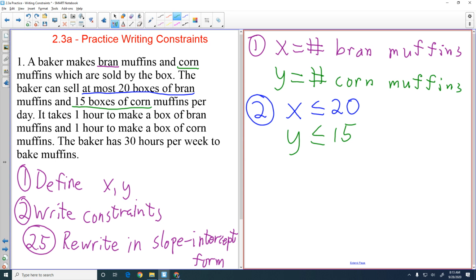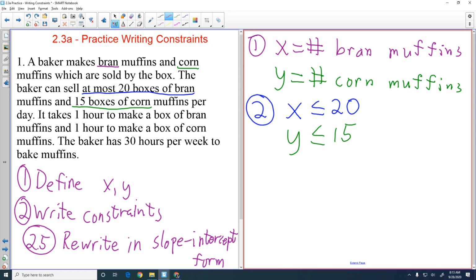Is that the only thing that limits us each day? No. If you look at the next sentence, there are these time constraints, right? So not only is it an issue of the boxes or the ingredients that we just wrote about, now we have to look at the time constraints.